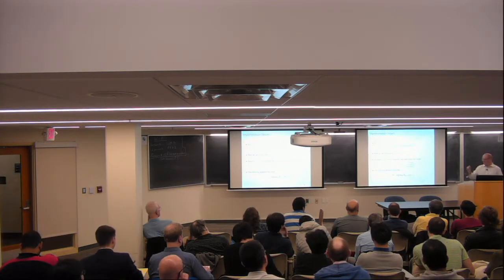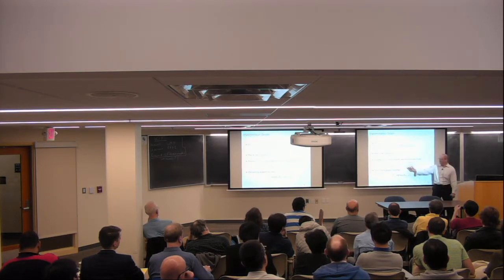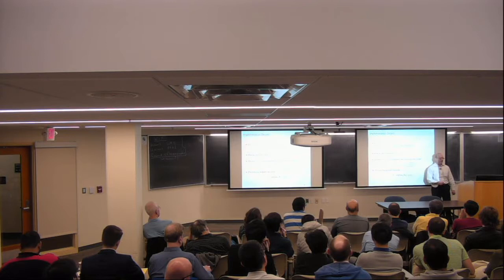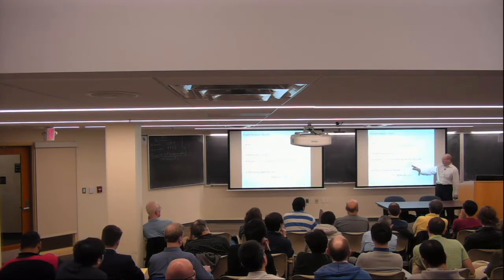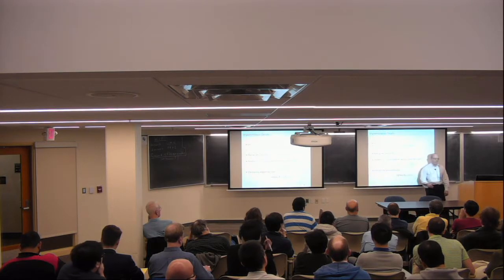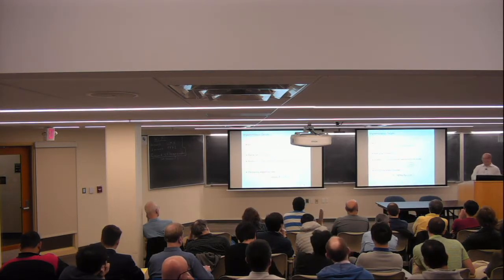So P of z is a simple distribution. We then run it through a nonlinear function with parameters theta, and out comes x. That nonlinear function will transform the random variables from this simple distribution to whatever distribution we want x to be. We want it to match q of x.